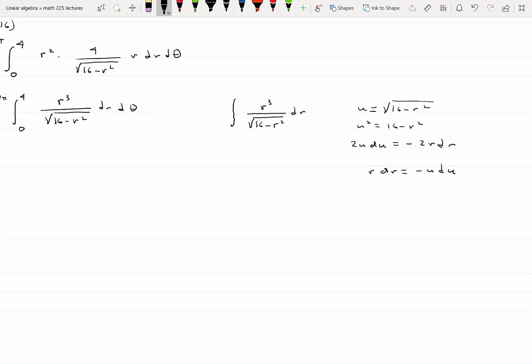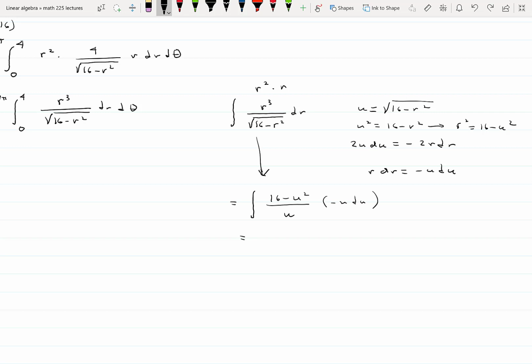Okay, let's integrate. So this integral, antiderivative at least, becomes, well, the numerator can be broken down into r squared times r. And r squared is 16 minus u squared. So this is r squared, 16 minus u squared, over, now the square root is u, and r dr, what's left, is negative u du. You can slow this down if you need.